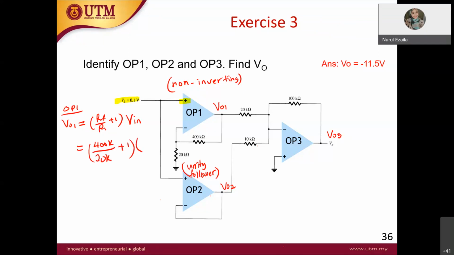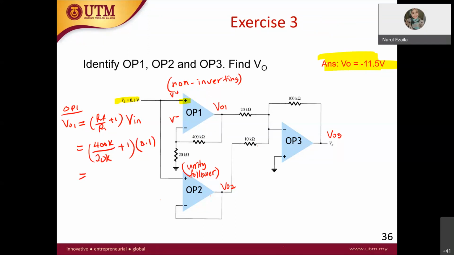So V in equals what? This is V plus, this is V minus. So V in at op-amp1 equals 0.1, yes. If we calculate here, just the final answer. Can someone calculate for me?